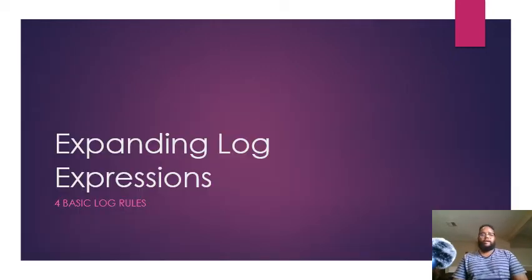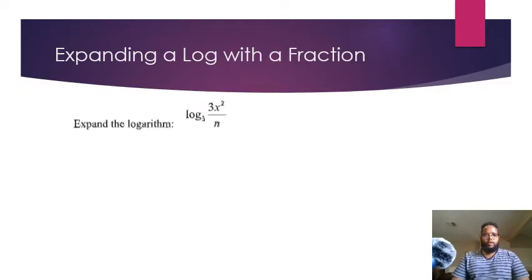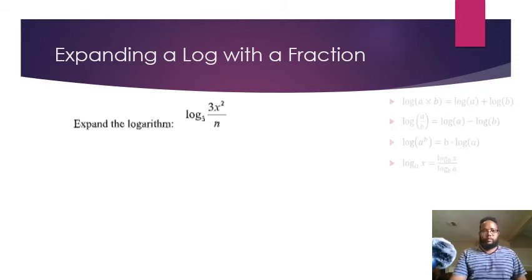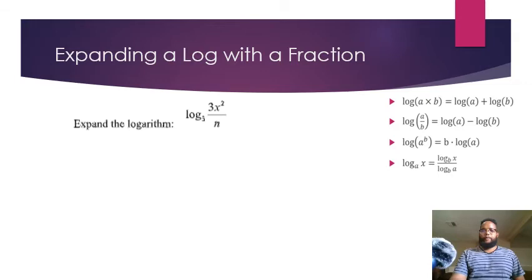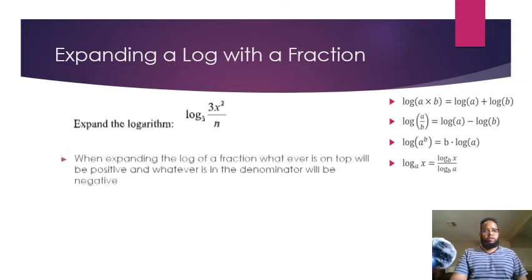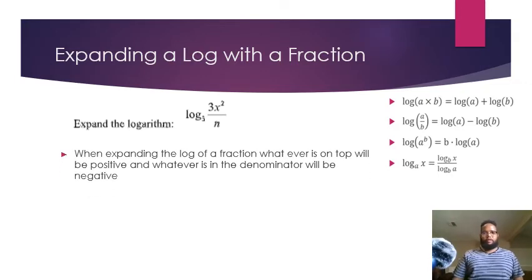So let's take a look at expanding log expressions. We want to expand the logarithm log base 3 of 3x squared divided by n. When expanding the log of a fraction, whatever is on top will be positive, and whatever is in the denominator will be negative.